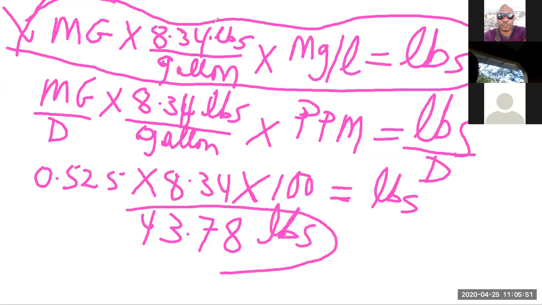This would be the amount of chlorine that we need to add of 100 milligrams per liter in a tank of 0.525 million gallons. Everybody clear on that? Forward.